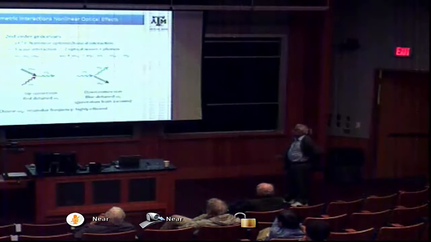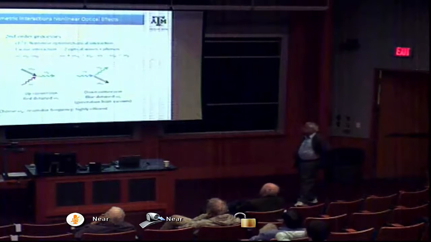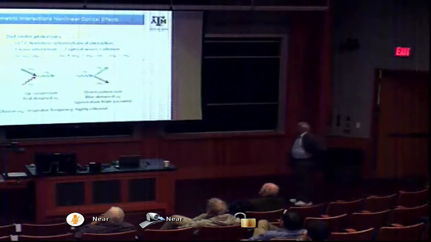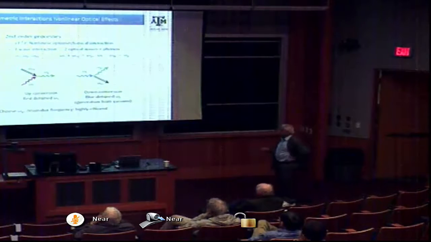Or you can have a down conversion. You can have a blue detuned photon, and this can get converted into a photon at the cavity frequency and produce a phonon. So this is a down conversion process in the blue detuned case, and you can even generate these two from the vacuum. You can spontaneously produce this photon and this phonon.